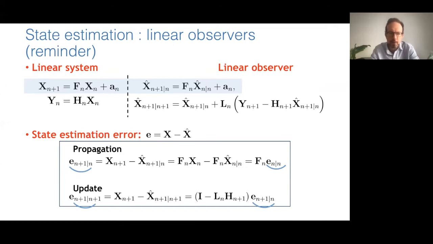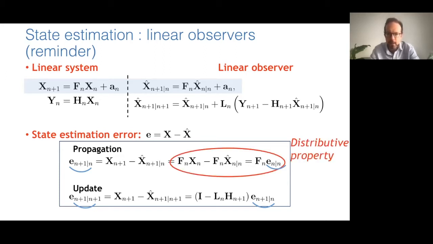What's very important about that is that, as you can see, the propagated error is a function of the error only. And in the same way, the updated error is a function of the error only. So the propagated and updated errors are functions of the error that do not depend explicitly on the state.